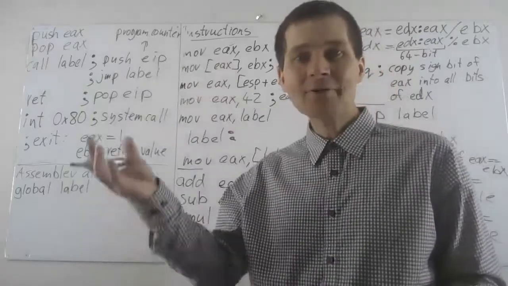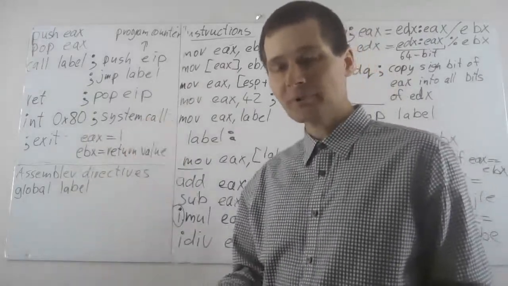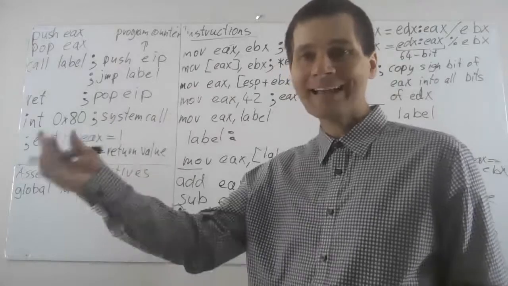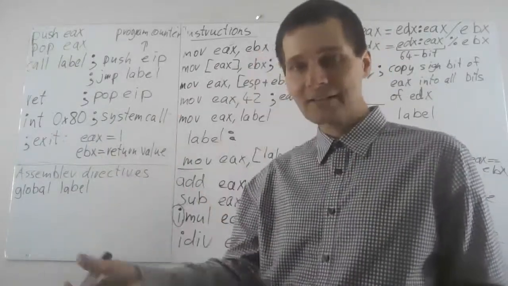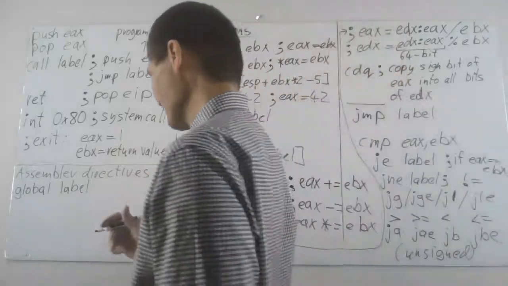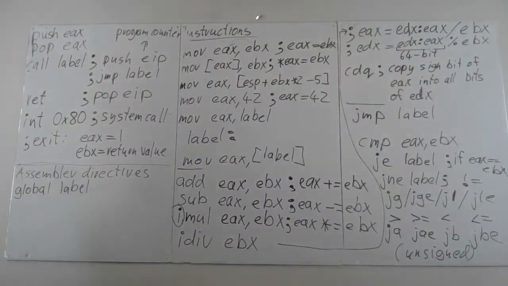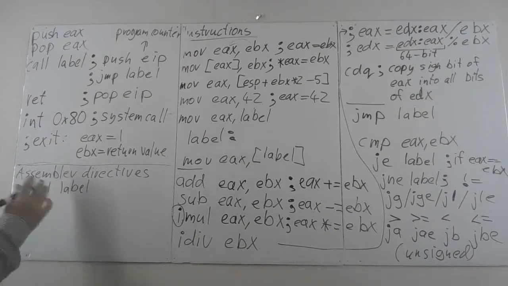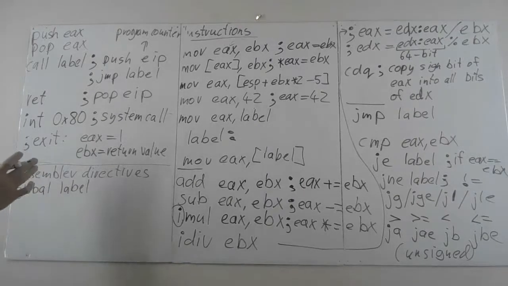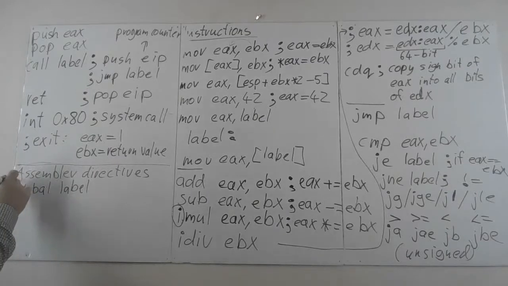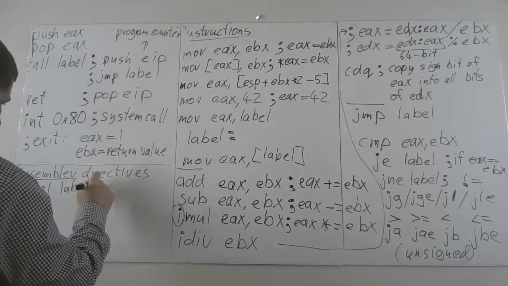Now, if you have your assembly language code in multiple files, then by default, any labels that you use in one file are only visible inside that file and not in any other files. So there's the global directive. So, global, it kind of looks like an x86 assembly language instruction, but really it's an instruction to the assembler, not to the processor. And this makes the label visible in other files.